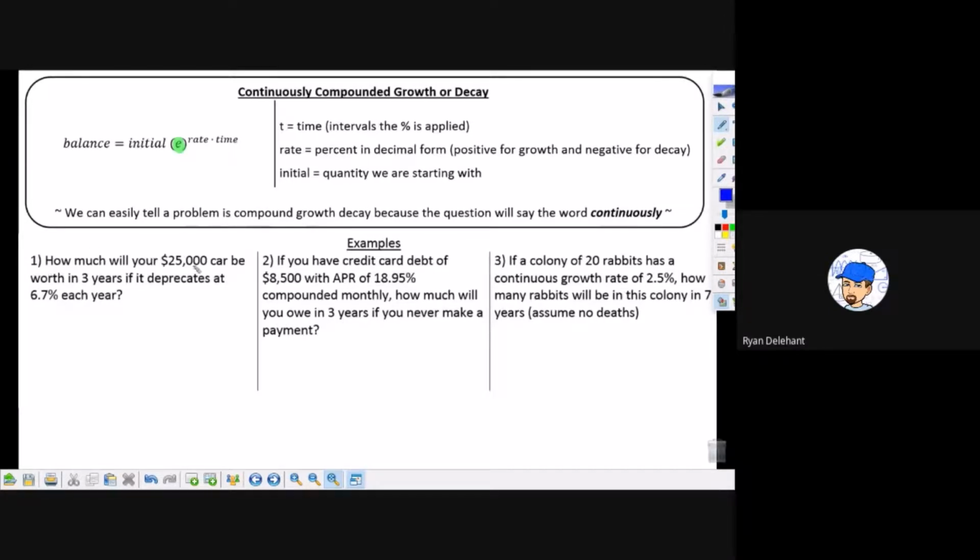Number 1 says, how much will your $25,000 car be worth in 3 years if it depreciates at 6.7% each year? So we have an initial, we've got some time, we've got a rate, but which type of growth is this? Is this continuous? Doesn't say continuous, right? So we know it's not continuous.